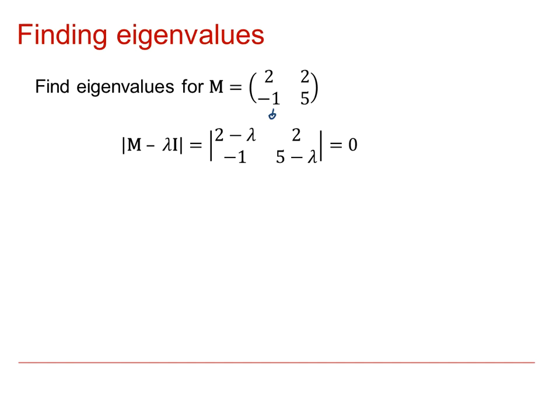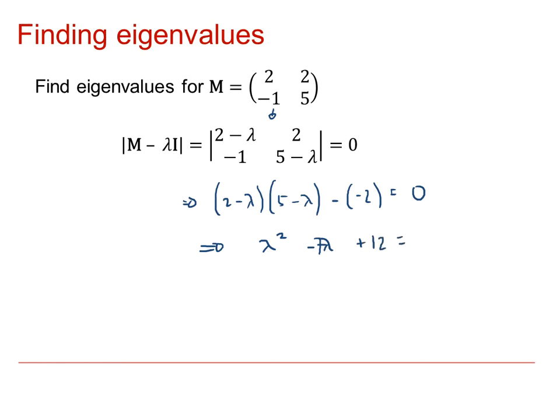The determinant we find in the usual way, so that means that we have 2 minus lambda multiplied by 5 minus lambda, and then minus negative 2, must be equal to 0. And that we can multiply out to give the quadratic, which is lambda squared minus 7 lambda plus 12 is equal to 0.